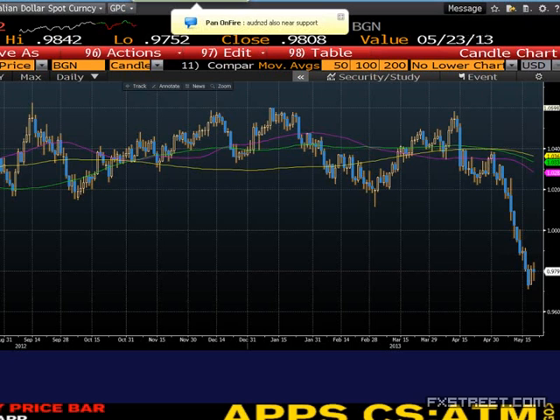What we're seeing as well is that the level is holding us quite good support too.